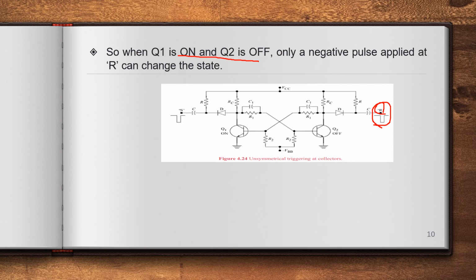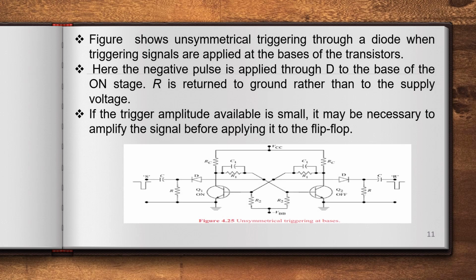Only a negative pulse applied at point R will change the state of the bistable multivibrator. This figure represents unsymmetrical triggering through a diode.